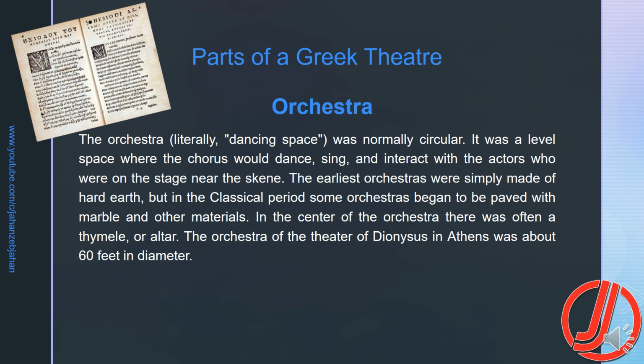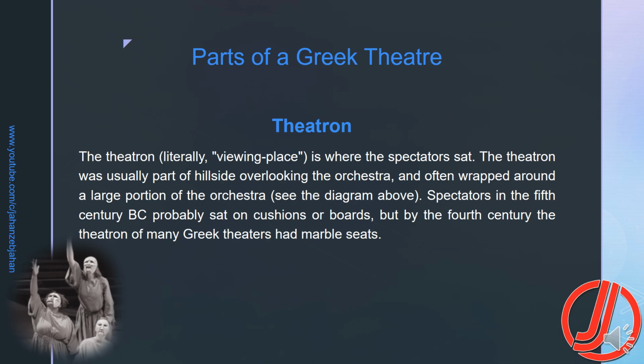And the theatre of Dionysus in Athens was about 60 feet in diameter. So this is about the physical setting of where the plays were performed. Then theatron, it literally means the viewing place, the place for spectators, the place for the audience.